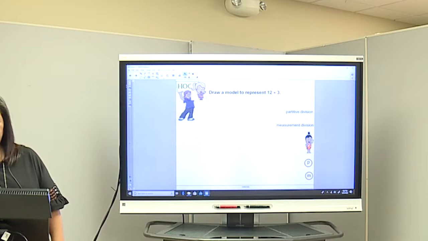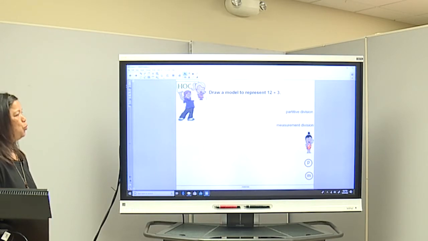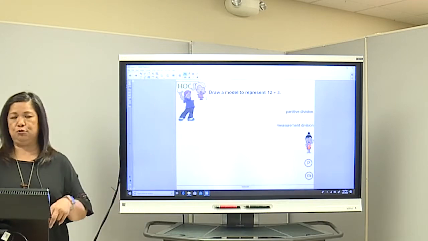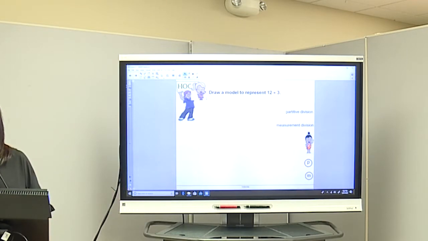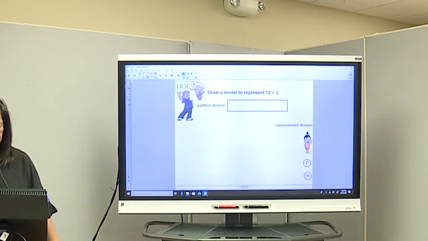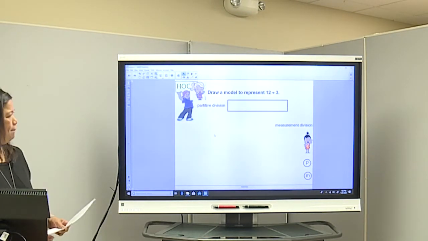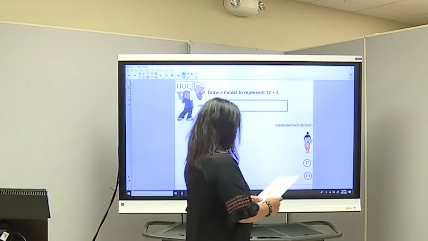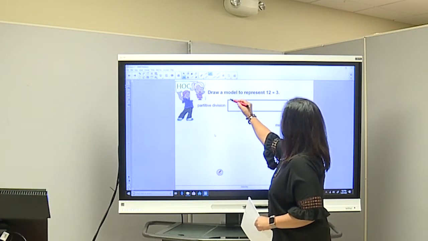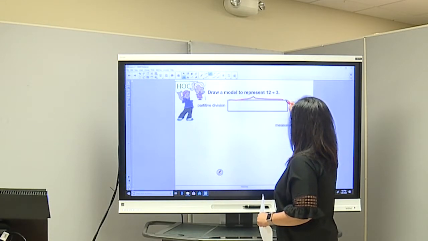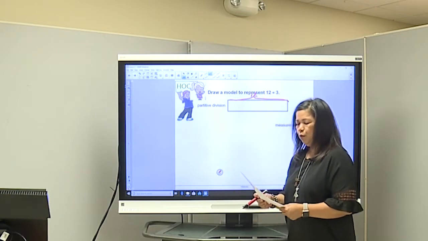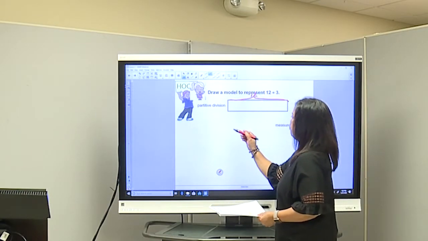here, draw a model to represent 12 divided by 3. Now there are two ways that you can do this. The first one we call partitive division, and let me show you how that works. Now remember, it says 12 divided by 3. So this tape represents the 12, and we are going to divide it by 3.